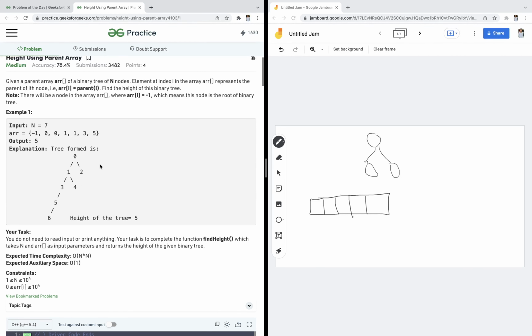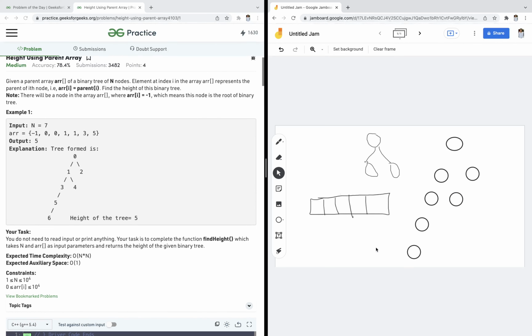Okay, so let's draw a tree. I am just simulating the same tree. Okay, so this is the tree, right?